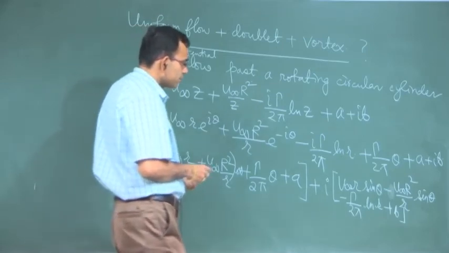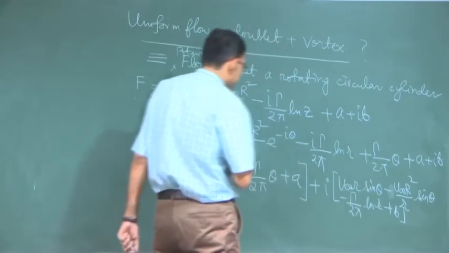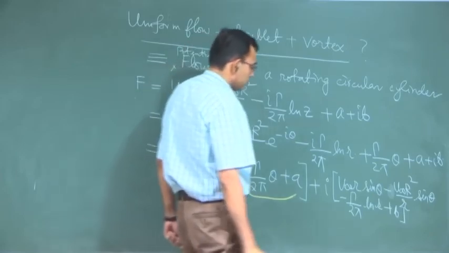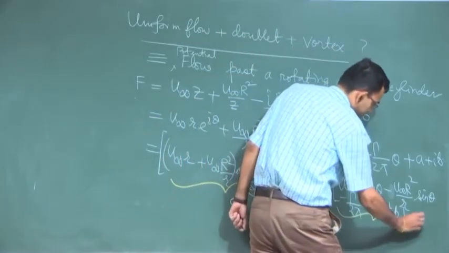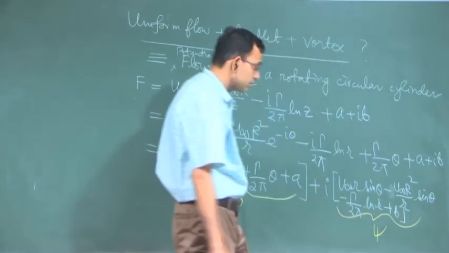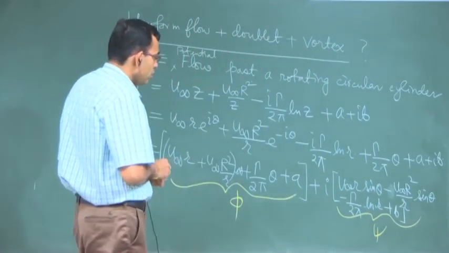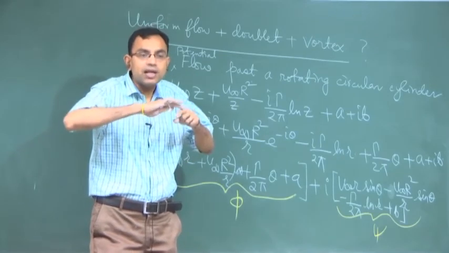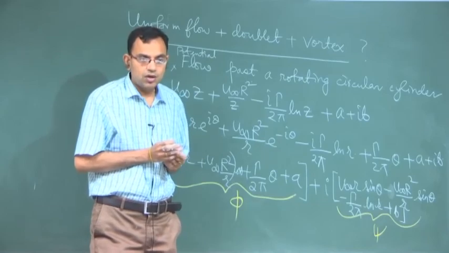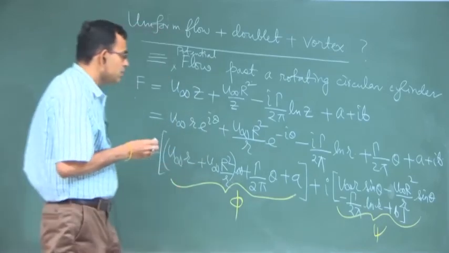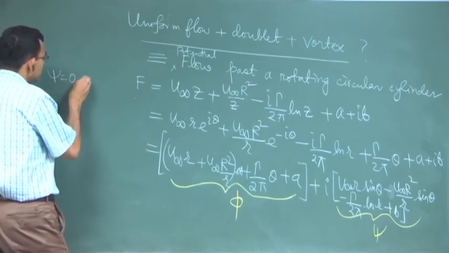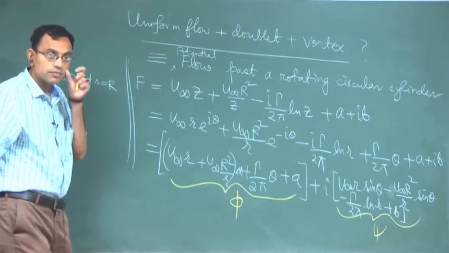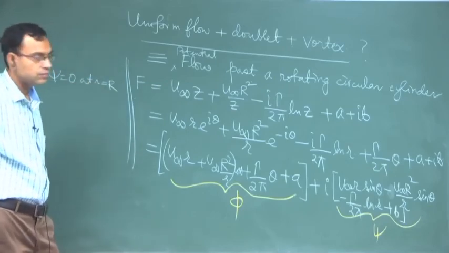So, this is phi, this is psi, right. So, to set up a no penetration boundary condition with a reference streamline on the surface of the cylinder, you must have psi equal to 0 at small r equal to capital R. Okay.